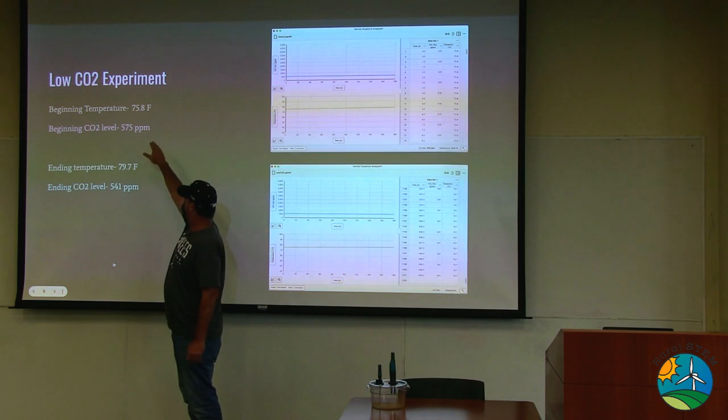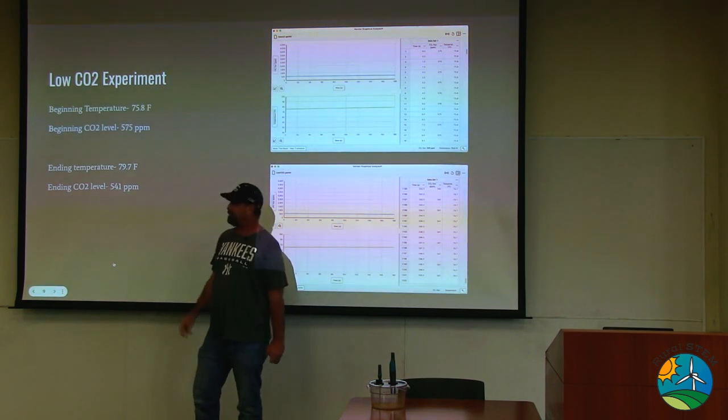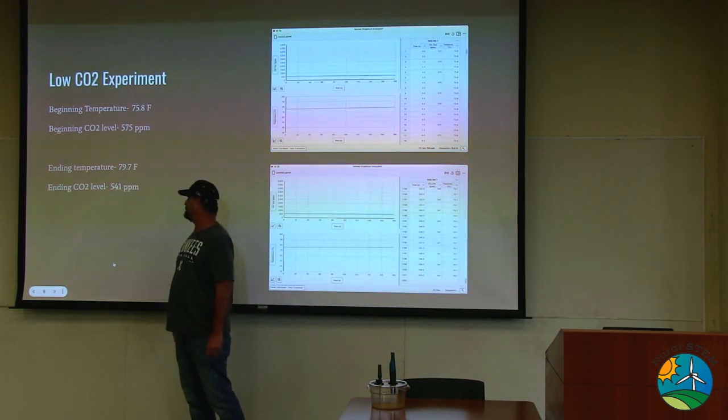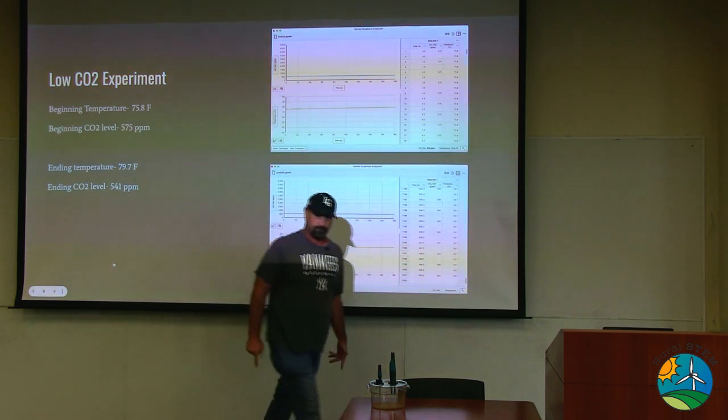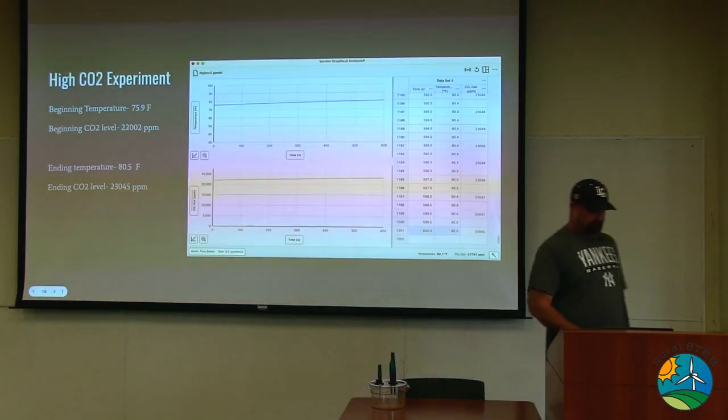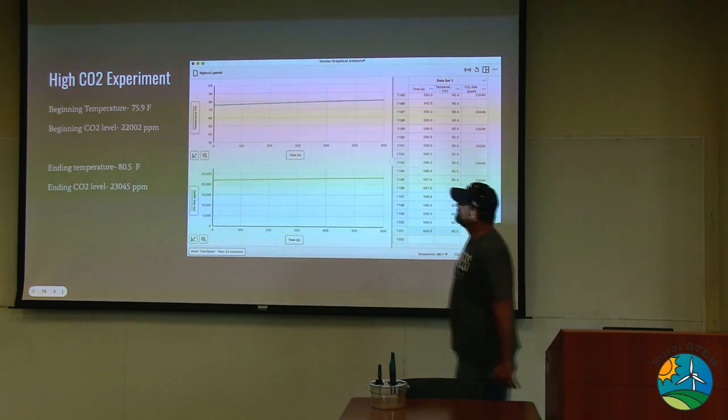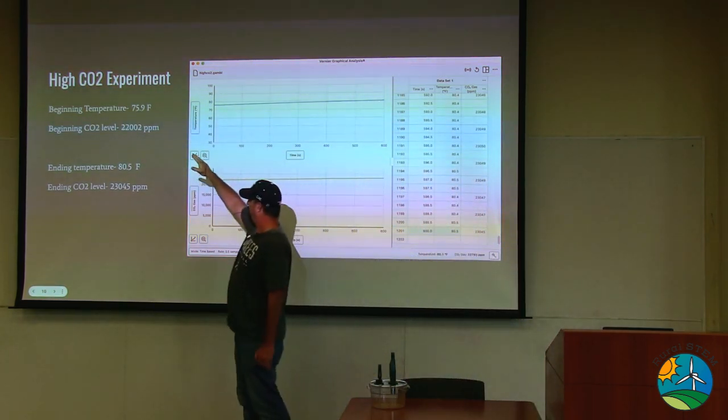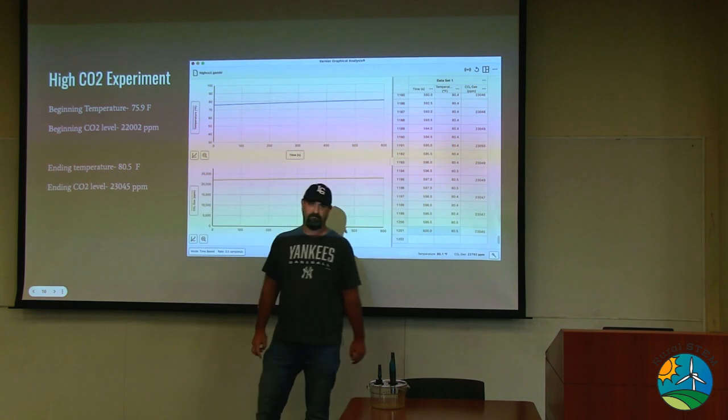My beginning temperature was 75.8 degrees Fahrenheit. My ending temperature after 10 minutes was 79.7. Okay. After blowing in, you can see I started out at 75.9, ended at 80.5.